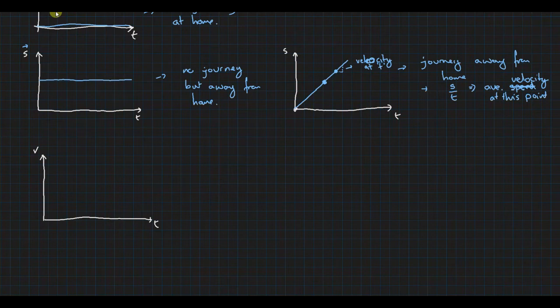The velocity here, the average velocity and the instantaneous, actually leads to a velocity time graph for this one, which is constant. It's moving at the same speed all the time. And that's by looking at the gradient.